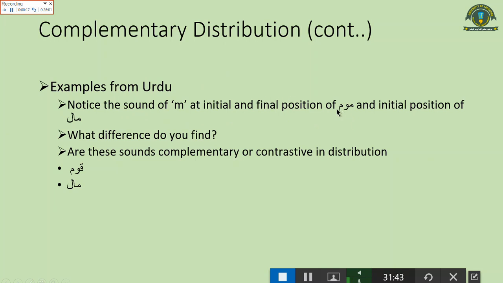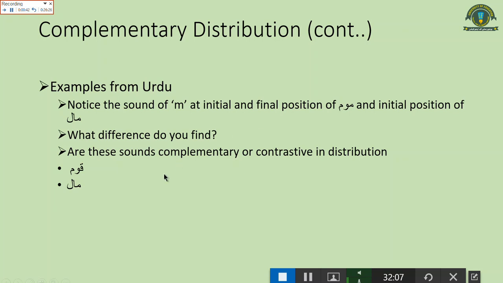At initial position it is pronounced quite clearly, and at the final position it is quite dark. So you can take the example of English clear and dark la.